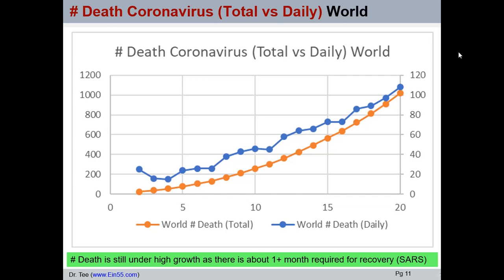So even if the coronavirus may reach a peak somewhere by end of February, the number of death cases may continue, before it reaches a peak, maybe another 1 month or later.